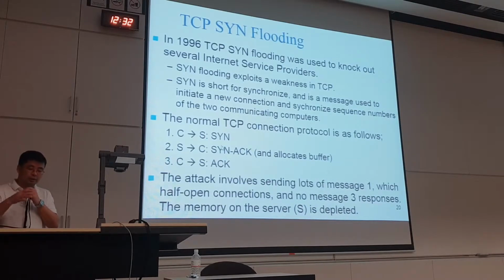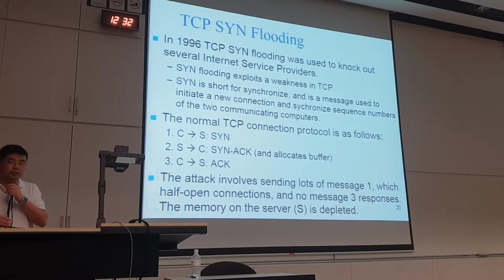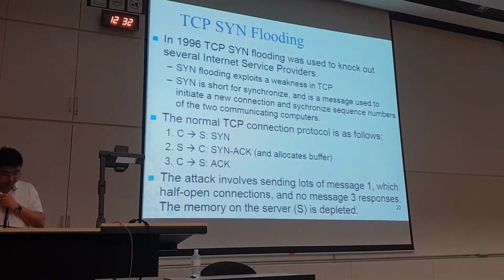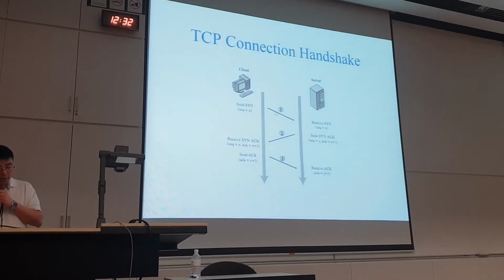So the client sends the server a SYN request, the server sends a response and at the same time also sends a SYN request, and the client sends the last acknowledgement. The process is like this, right? The SYN request has a sequence number X, then the acknowledgement will be simply X plus 1. The request from the server will be Y, and then the client will send Y plus 1 as the final acknowledgement. So this is a three-way handshake.